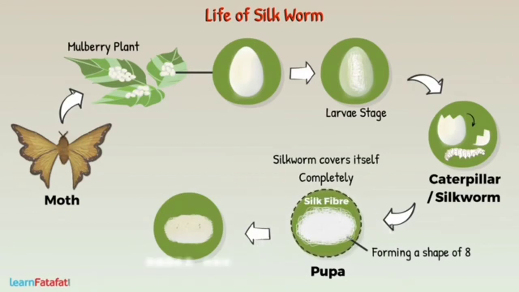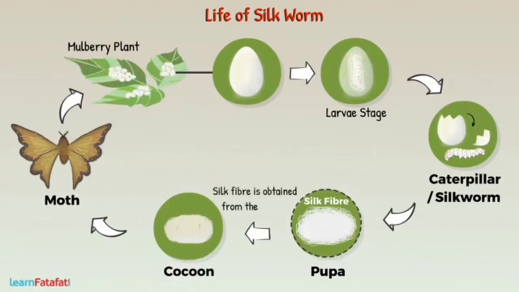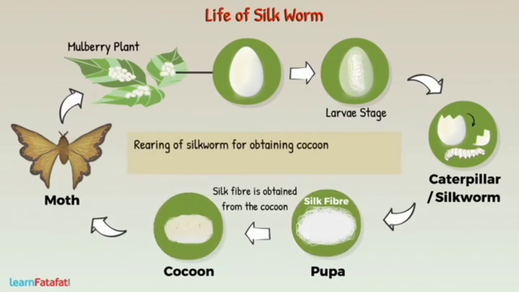The outer covering is called cocoon, from which we get silk fiber. And at last, from this cocoon, the silkworm will completely convert into an adult silk moth. Rearing of silkworm for obtaining cocoons made of silk fiber is called sericulture.